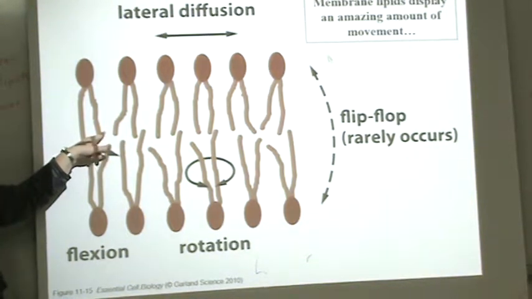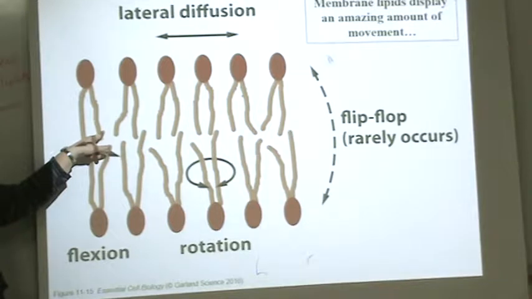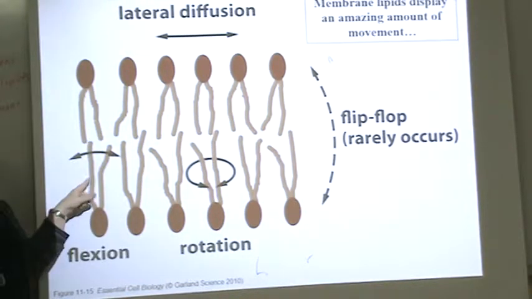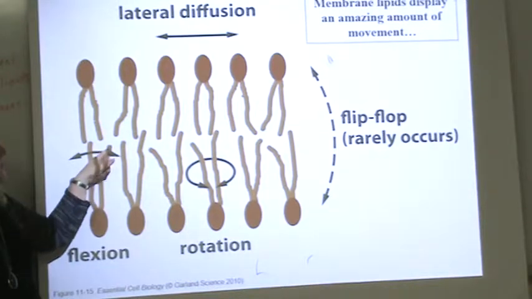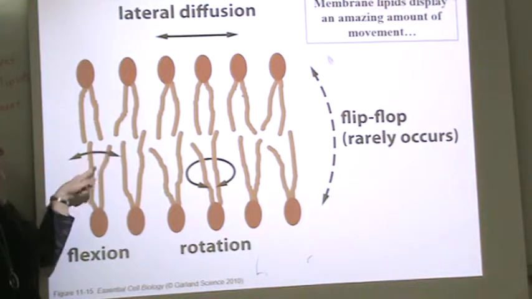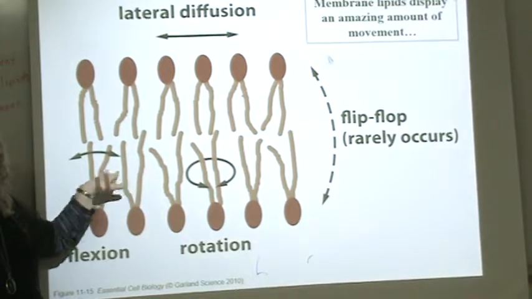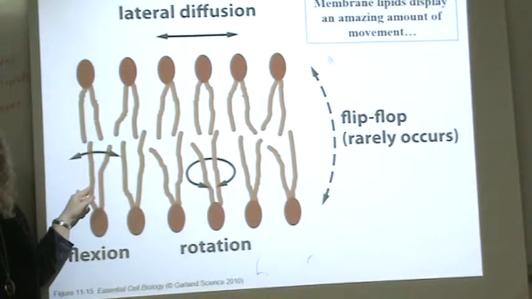Have you ever talked about this? Saturated, unsaturated? I'm not going to go through it in detail, but just recall that if you've got a kink, that leaves more space between you and the neighbor, and there's more room to move. You recall that? Because of the double bonds.